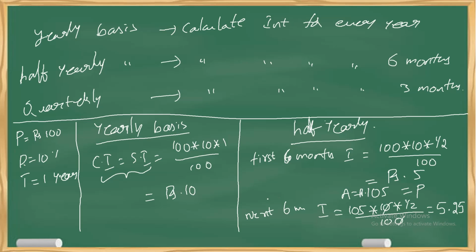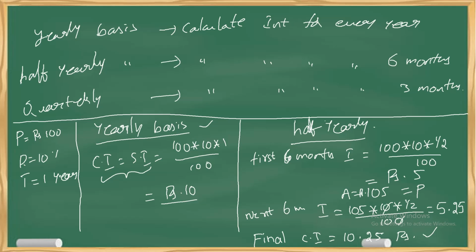Got the point here? So the final compound interest is equal to how much? 10.25 rupees. Now can't you observe this is 10 rupees when it is on a yearly basis, and when it is half yearly basis it is 10.25 rupees.